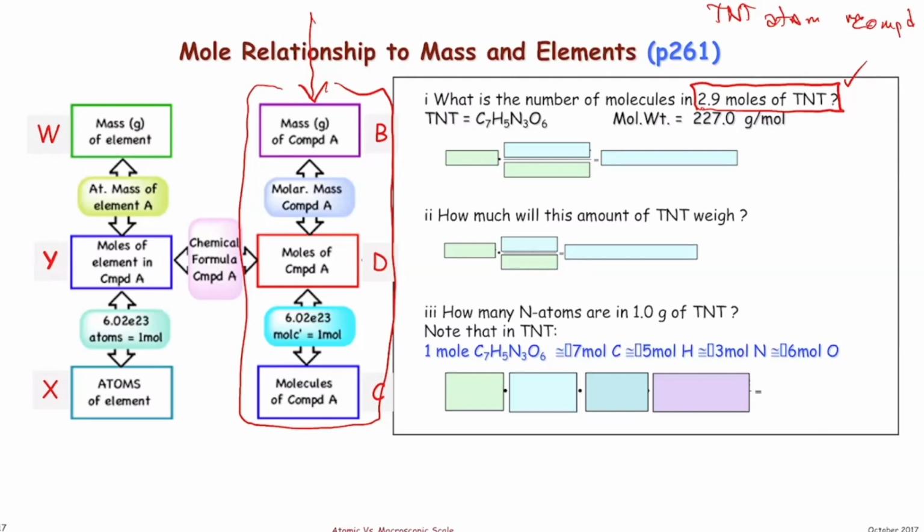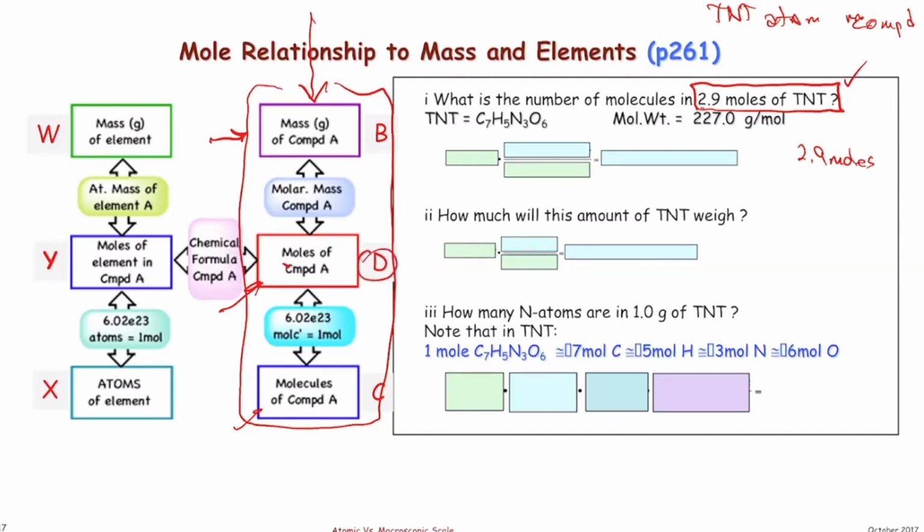What information do we have? We have 2.9 moles. So do we have B, D, or C? Hopefully you guys said D. We have moles of TNT. So that's where we're going to start.